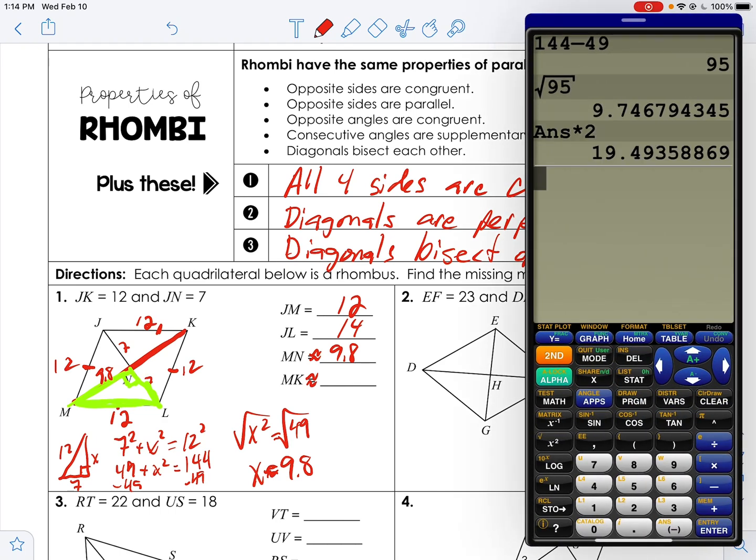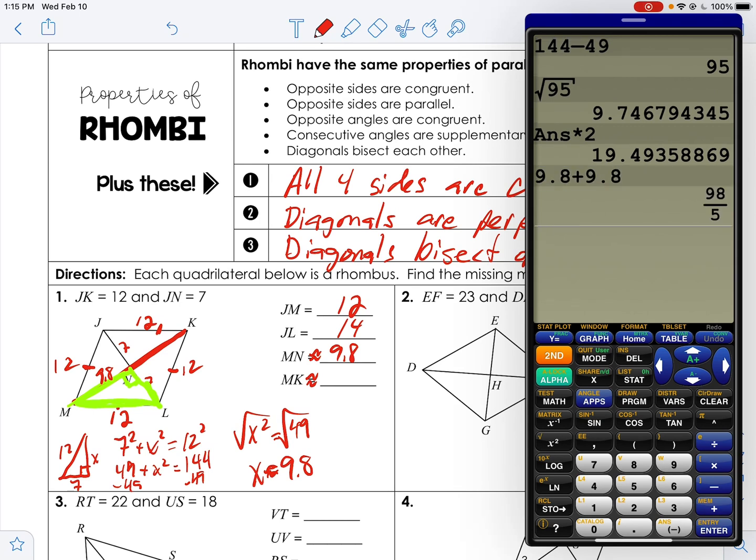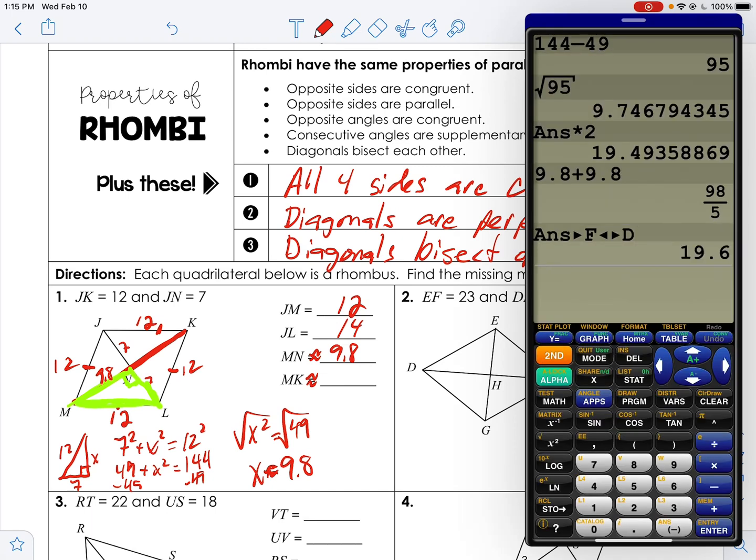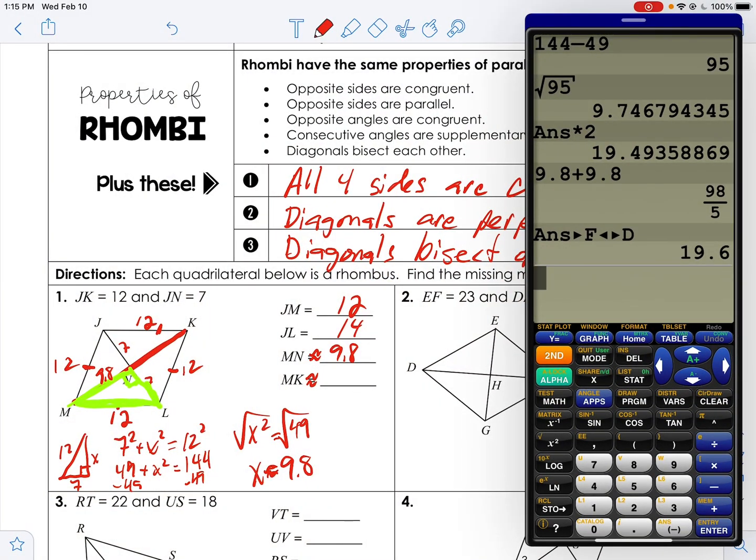9.8 times 2, that's 19.5 it looks like. It'd probably be 19.6 if we actually did it. Let's see, 9.8 plus 9.8. Look at the difference when we round. So rounding versus not rounding: if I don't round it and I multiply it by 2, I get 19.49, which would be 19.5.